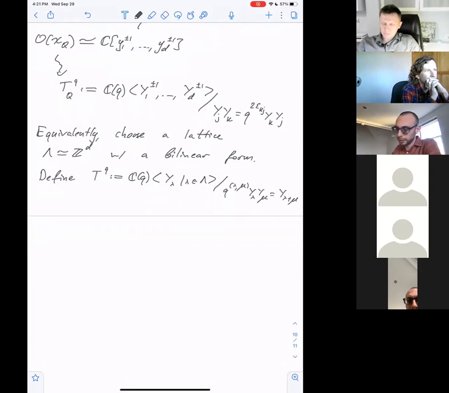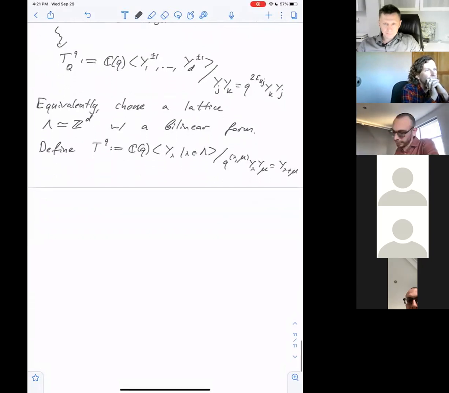Then indeed, this master torus and these tori are related in the following way.